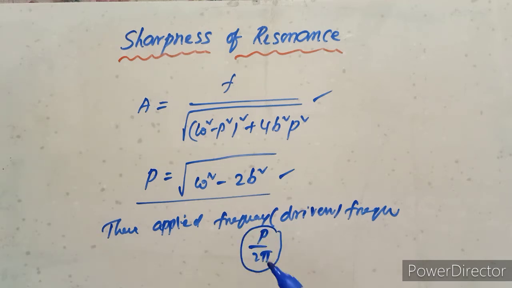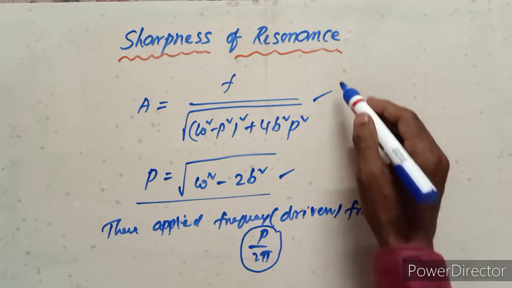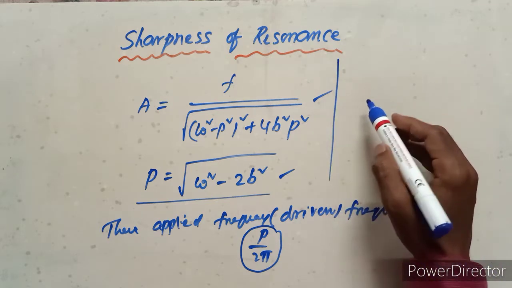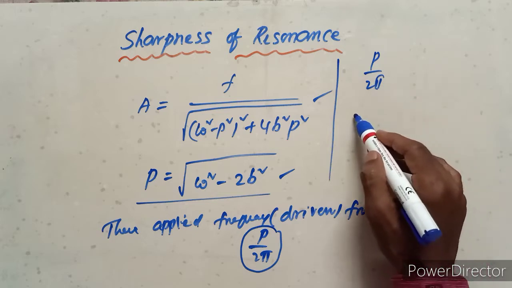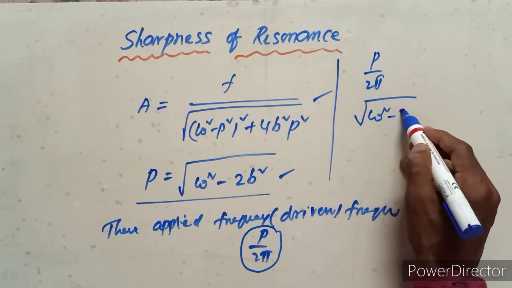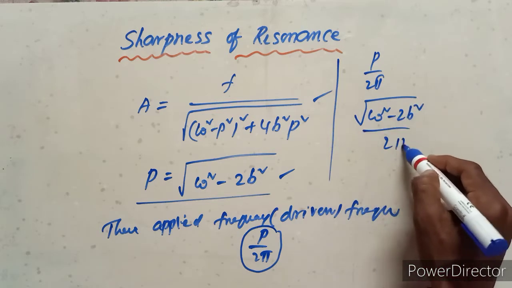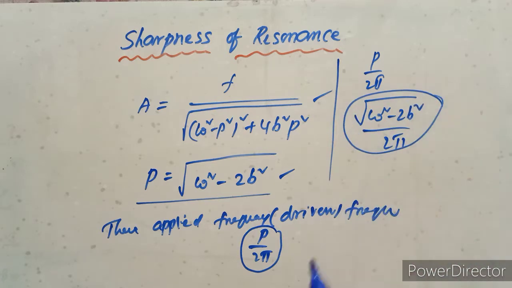This is also explained in forced vibrations. The applied frequency means p upon 2 pi, that is under root omega square minus 2b square upon 2 pi. This is the driven frequency.